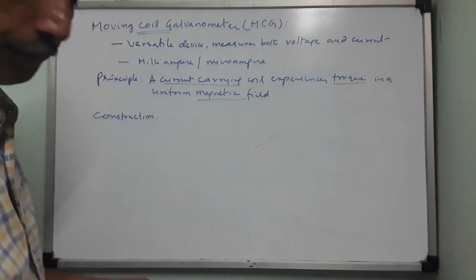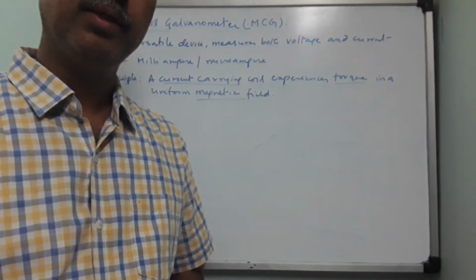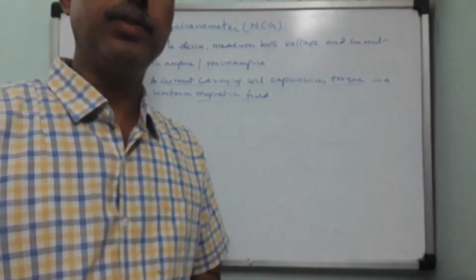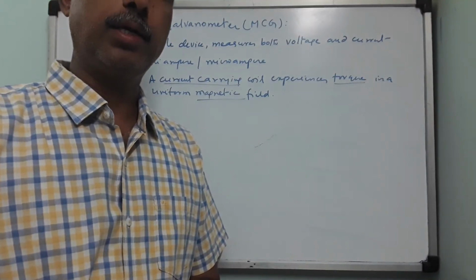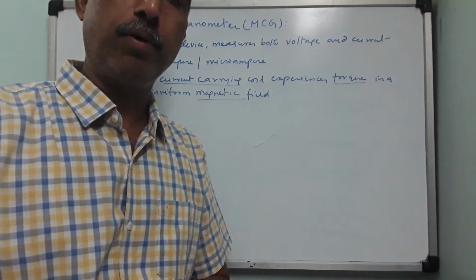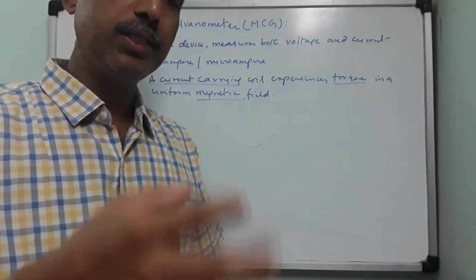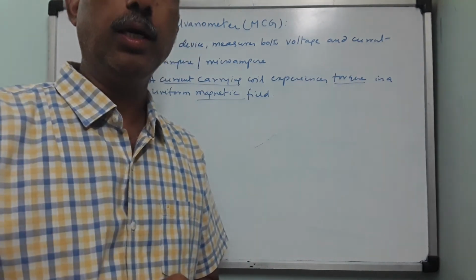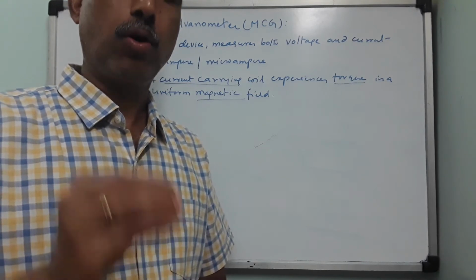We have a copper wire, generally copper is taken, wound on a soft iron cylinder. Soft iron is a ferromagnetic material with very high permeability, of the order of 10 power 5 times. So it will increase the strength of the magnetic field at the site of the coil. Therefore we call the soft iron cylinder the core of the coil.